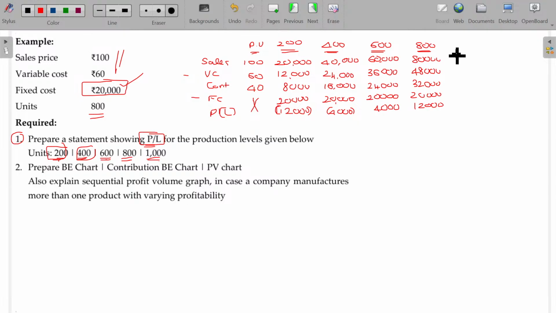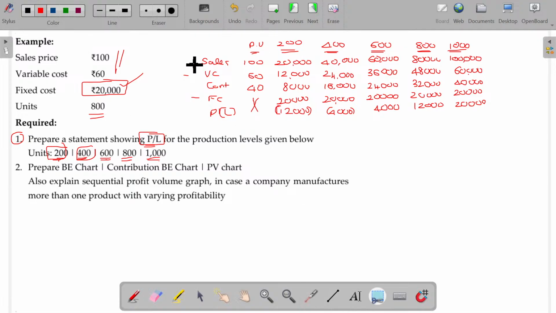What happens in case of 1000 units? 1000 into 100, 1 lakh will be the sales. 60,000, and then 40,000, and fixed cost 20 is subtracted to get the profit or loss, which is 20,000. Hope now you will be able to understand this one. Clear?